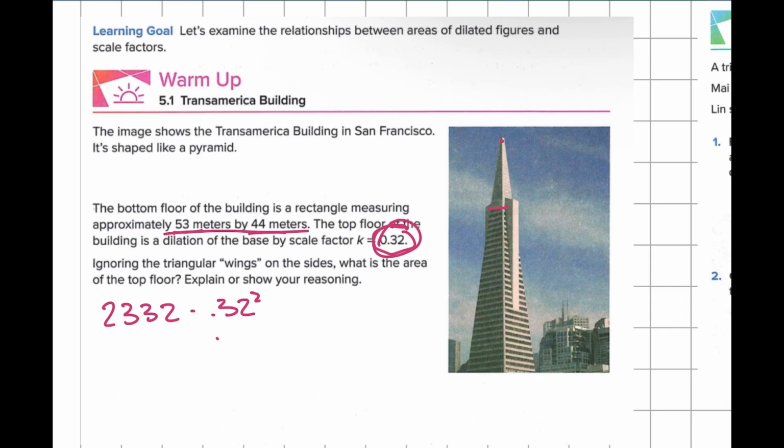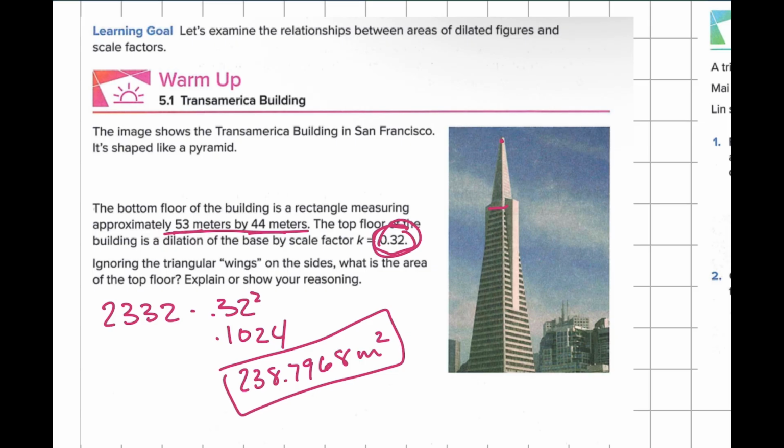It is 0.1024, and you're going to multiply that by 2,332, and you get this. And it's meters squared. So a little bit bigger than a foot squared, a little bit bigger than the tiles on the floor in our classroom.